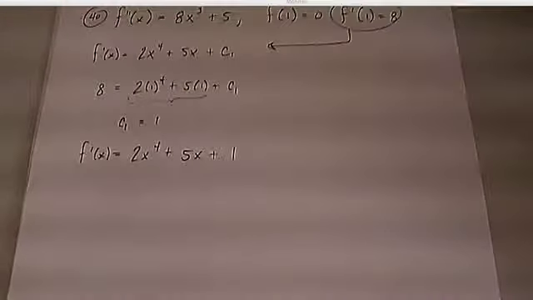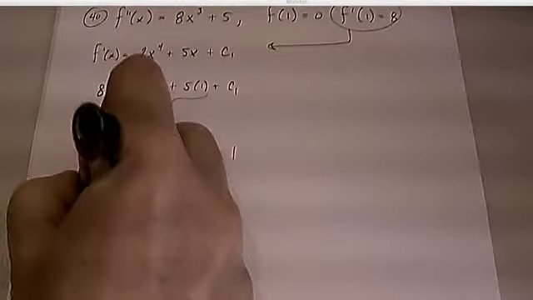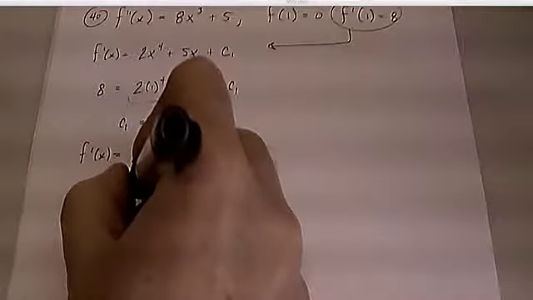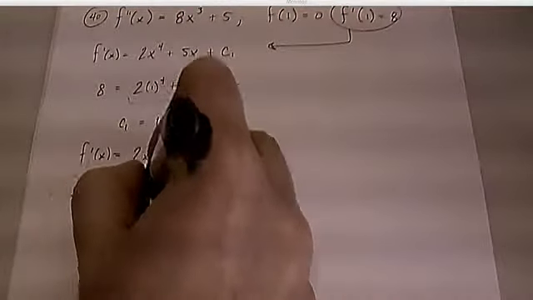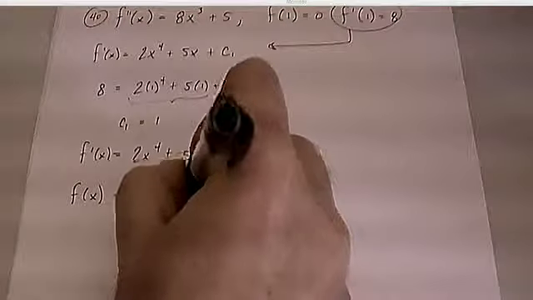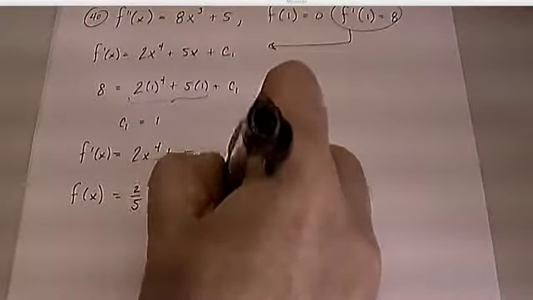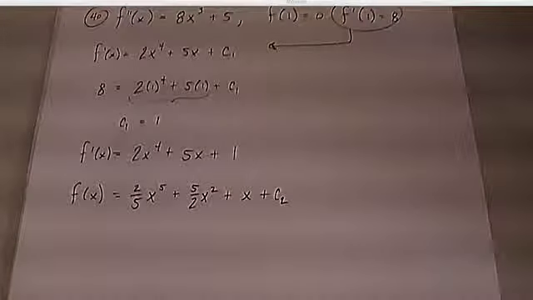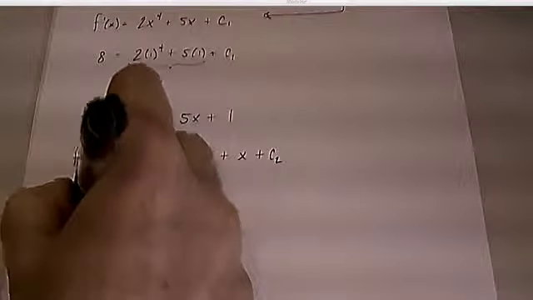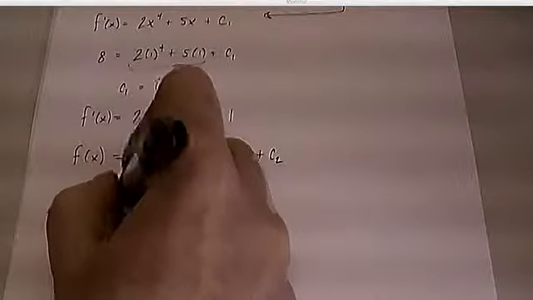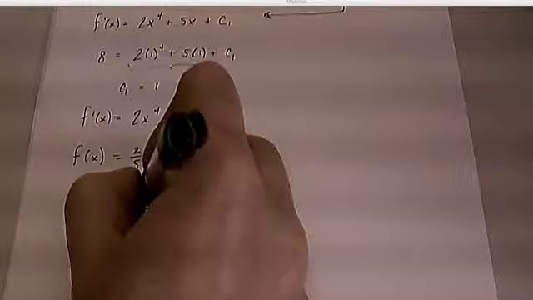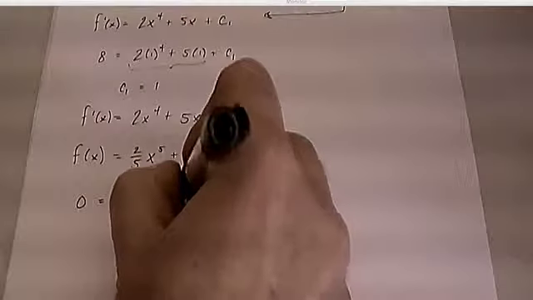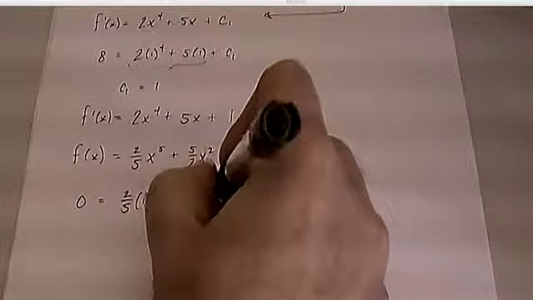Now I need to do it for another step. f of x is going to be 2/5 x to the 5th plus 5/2 x squared plus x plus c2. Well, if I plug in 1 for x, I get a 0 output for f.